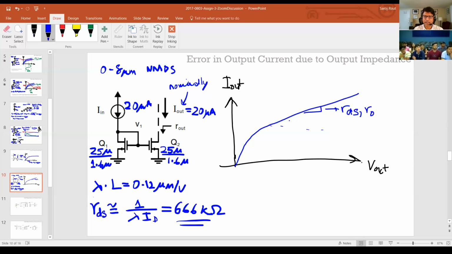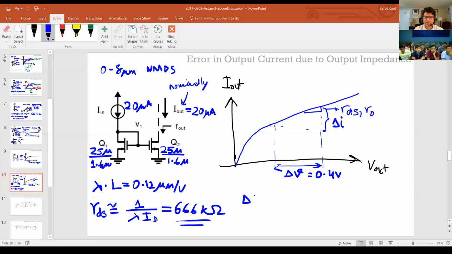So if I want to find out, let's say the output voltage is changing by some amount delta V, which I'll take as an example, 0.4 volts. Just an example. And I want to find out for this change, what is this delta I?